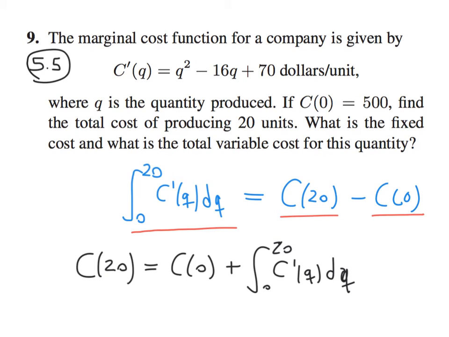So what is left now is to compute these values. Well, C of 0 is given to us, so that would be 500, plus the value of this definite integral.